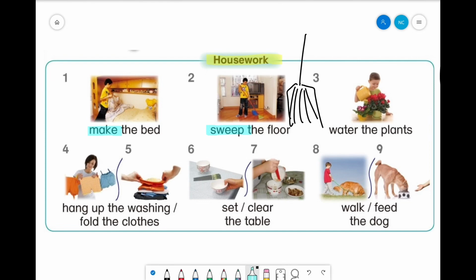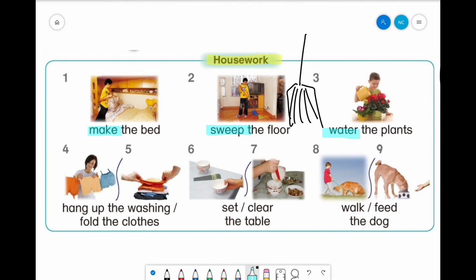In this case, water is the verb, is the action. Watering a plant means that you are pouring water to the soil of the plant so that the plant can grow. In general study, you have already learned that plants need water to grow. And this is why we need to water the plants.